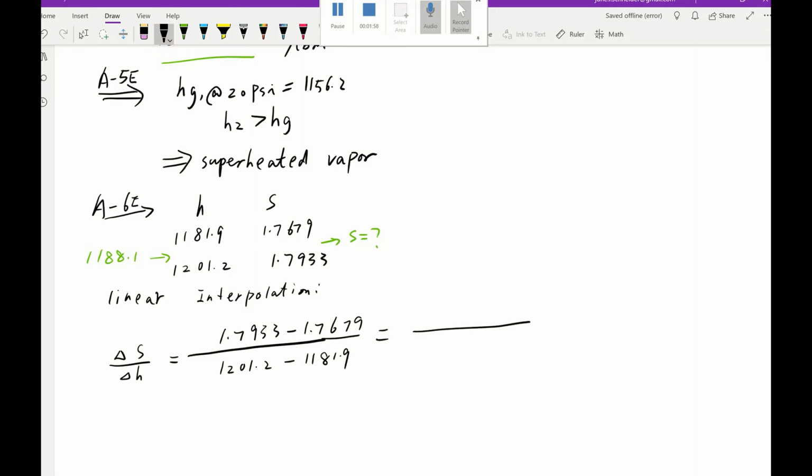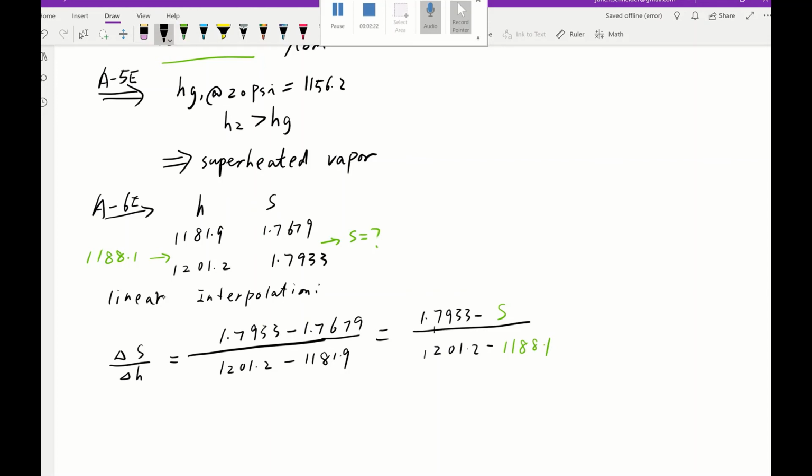Then the right-hand side, we'll have 1.7933 minus the S we're solving for, then corresponding H for this S value is 1201.2 minus the corresponding H value for that, which is 1188.1.